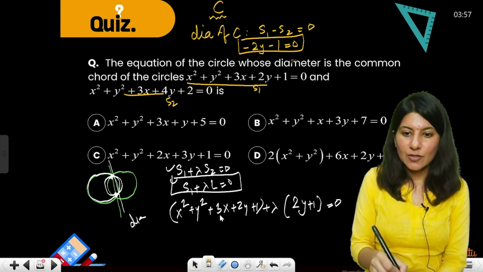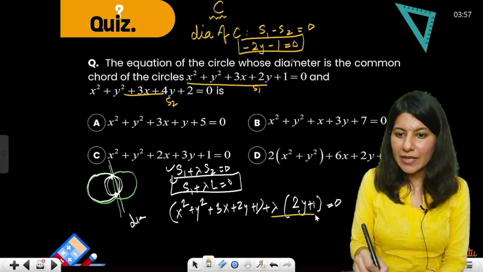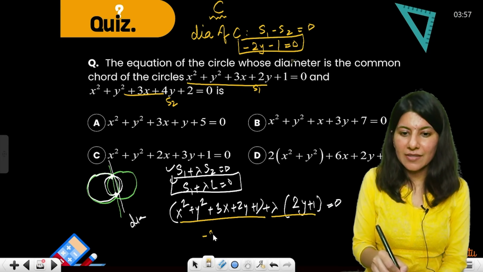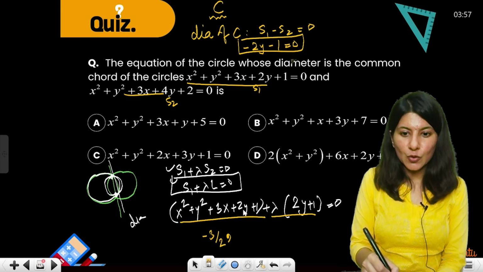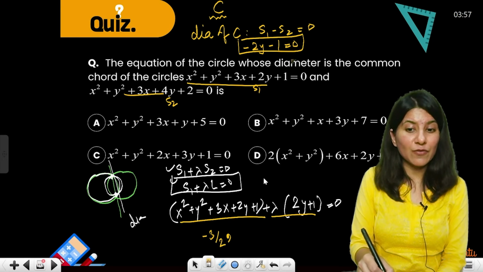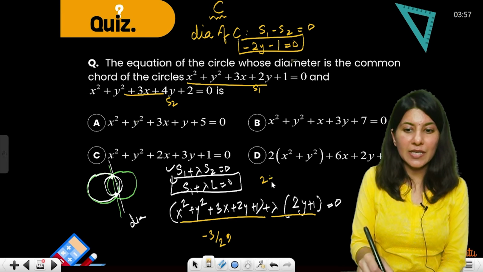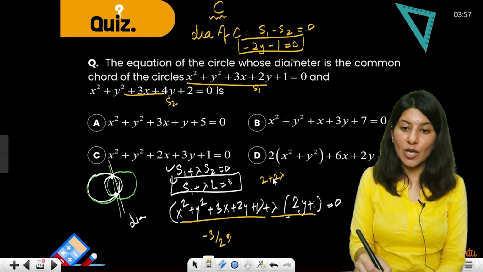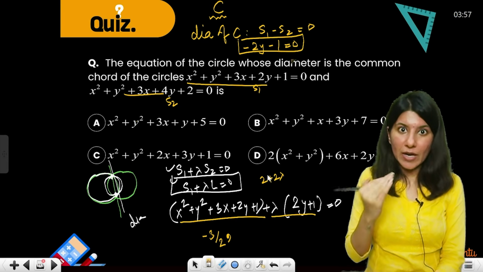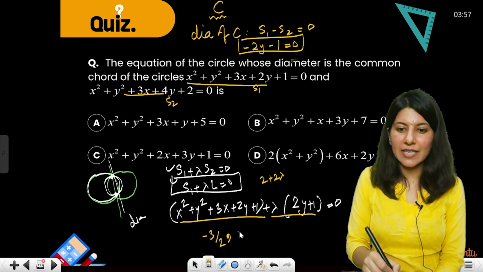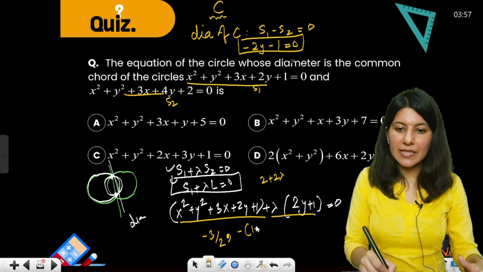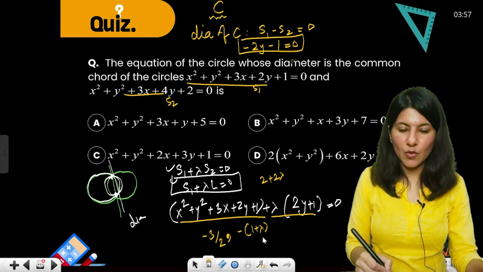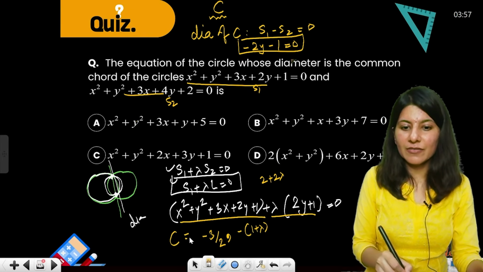So minus 3 by 2 is the center's x coordinate. Now the coefficient of y is 2 plus 2 lambda. Take half of it: 1 plus lambda, with the minus sign, minus of 1 plus lambda. So this is your center of the circle.